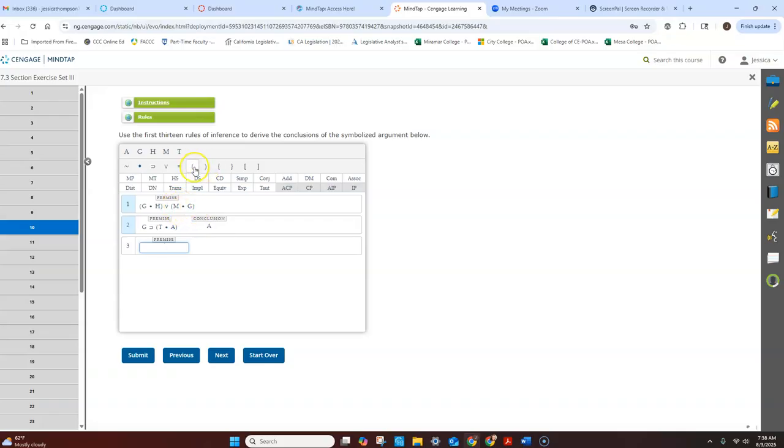So let's commute the second part of the first premise. Leave the first part alone: G and H, close parentheses, then or. Now swap these out. I hope this is right. G and M, close parentheses. See what I did there? Just got it so the G's in the same position, which is getting it ready to use the distribution rule. Hopefully that is correct.